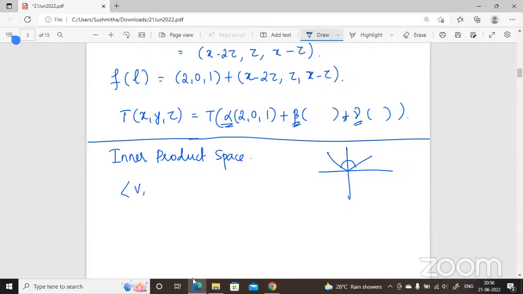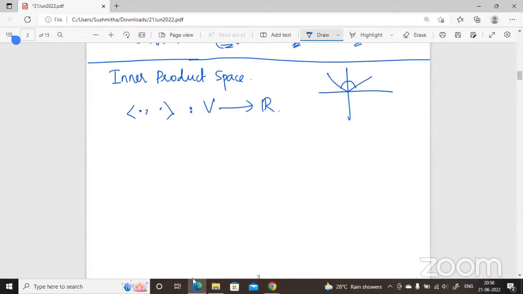So you define a mapping from a vector space V to R, and this mapping satisfies certain properties. What are the properties for an inner product? First, the inner product of V with V is equal to 0 if and only if V is equal to 0.